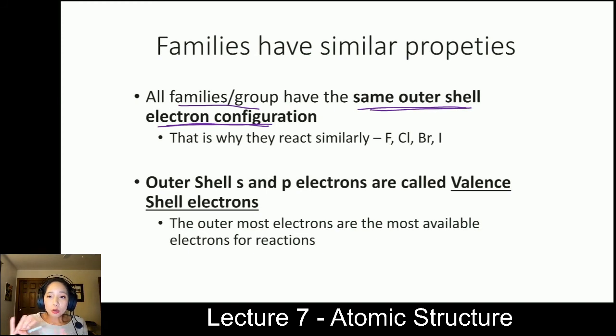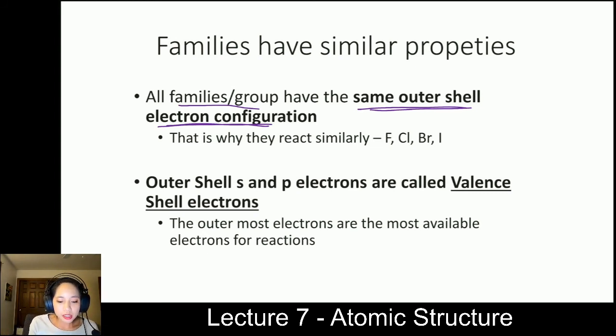And because the outermost electrons are the same, those are the electrons that are available to do reactions. They're the furthest away from the nucleus, so they're not held on to as tightly. Because remember, electrons are negatively charged and protons are positively charged. So those outermost electrons are the most free to do stuff in reactions, to take part in reactions.